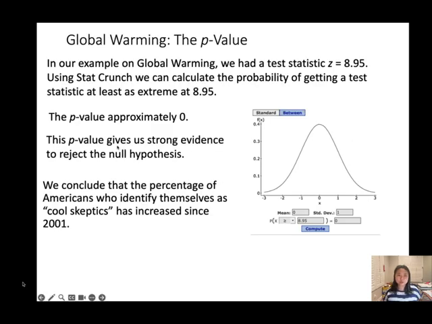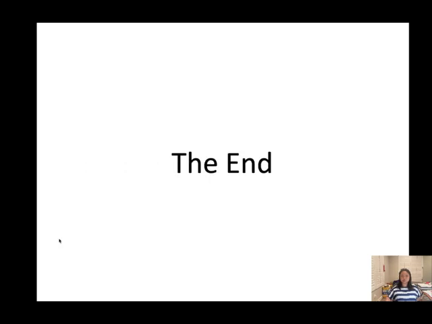So this p-value gives us strong evidence to reject the null hypothesis, and we conclude that the percentage of Americans who identify themselves as cool skeptics has increased since 2001. We will have more examples in section 8.2 to perform hypothesis testing for a population proportion. For this session, I just introduced the concept of hypothesis testing. That's it.